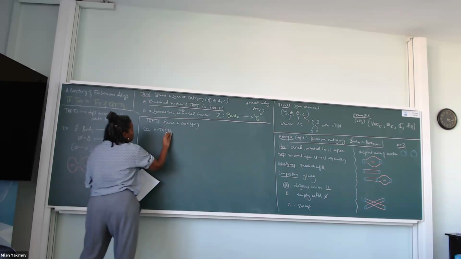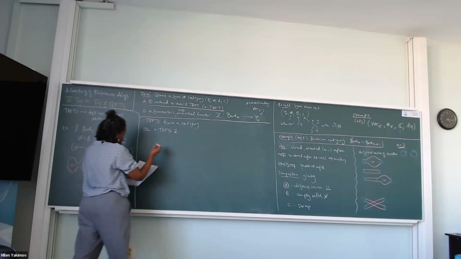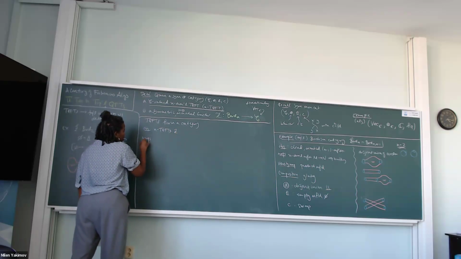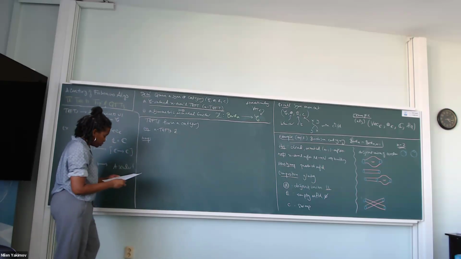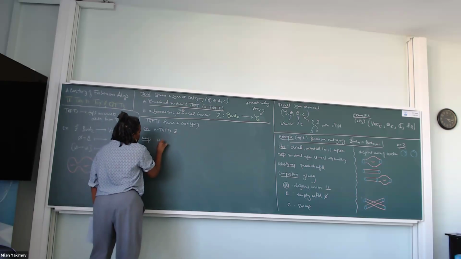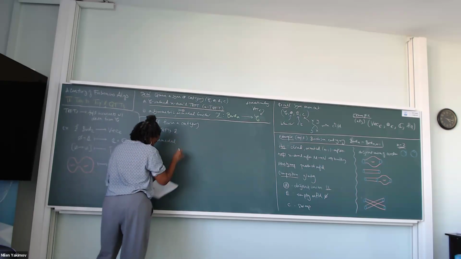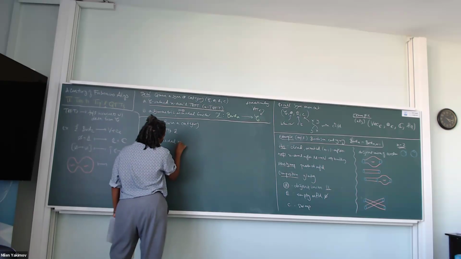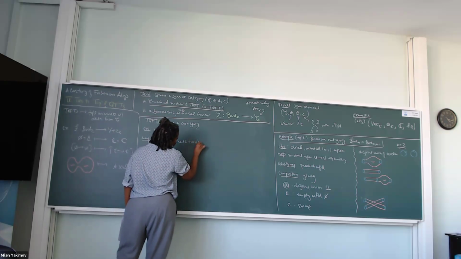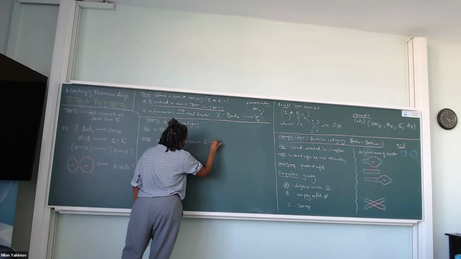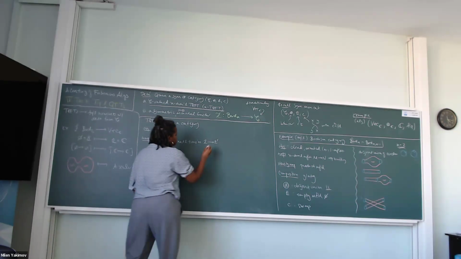And their maps are now going to be a map between functors that preserves the monoidal structure. These are going to be monoidal natural transformations going from Z to, let's say, another TQFT Z prime.